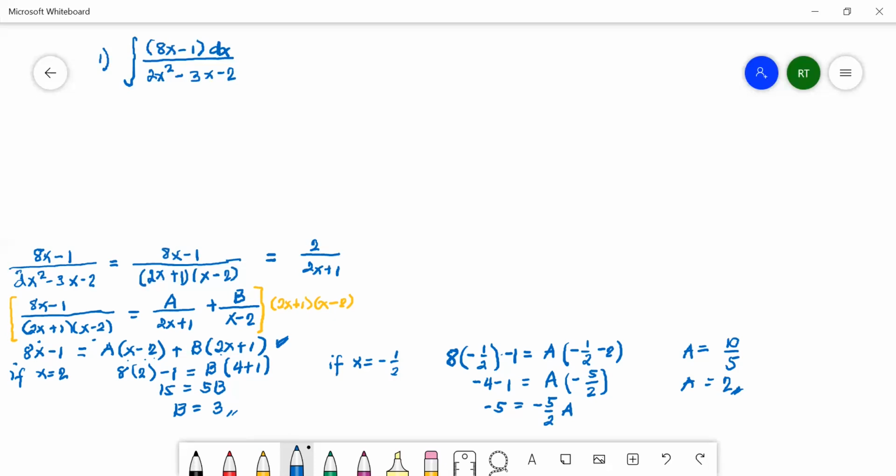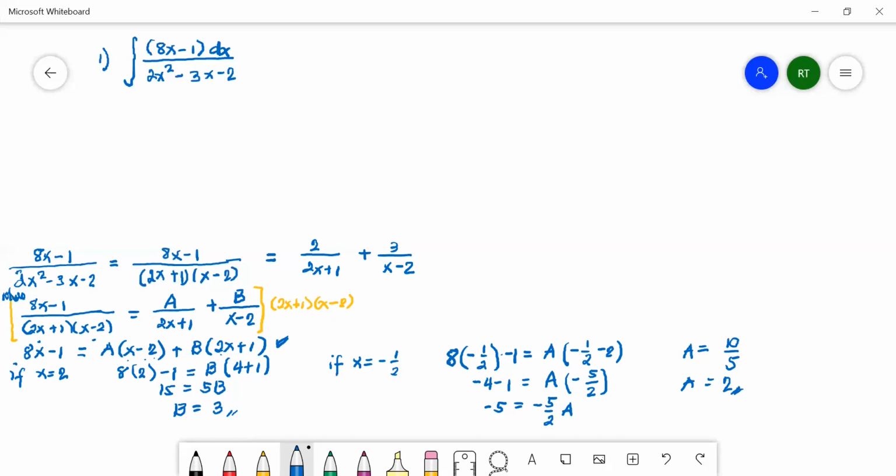Then b is 3, so plus 3 over x minus 2. Did you get it? So this is how we decompose the given integrand 8x minus 1 over 2x squared minus 3x minus 2 into a sum of partial fractions.